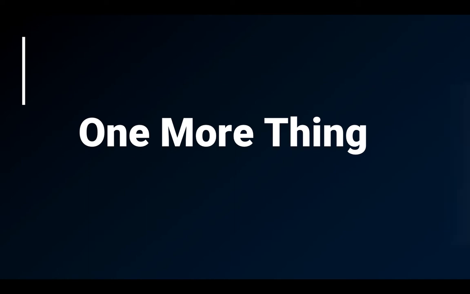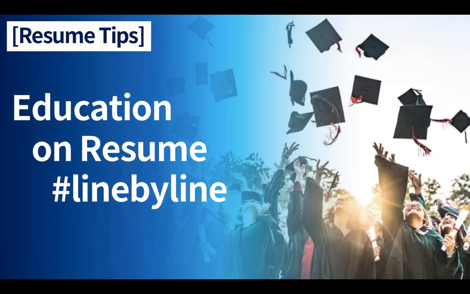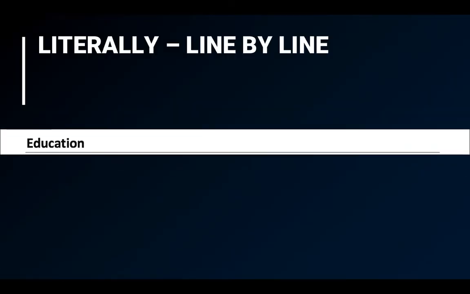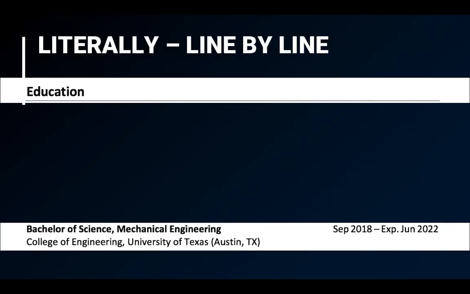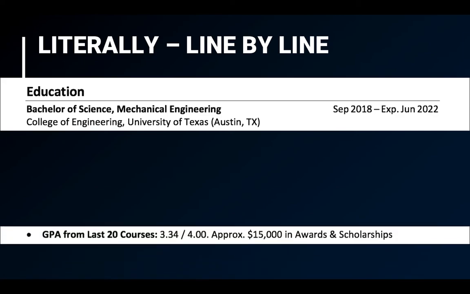There's just one more thing I want to share with you. If you need some assistance writing your education section, so it looks like this, I have a video where I help you write your education section on your resume line by line. And when I say line by line, I mean literally line by line, starting from the title to the basic information, what and how to write each of the fields there, and the dates.